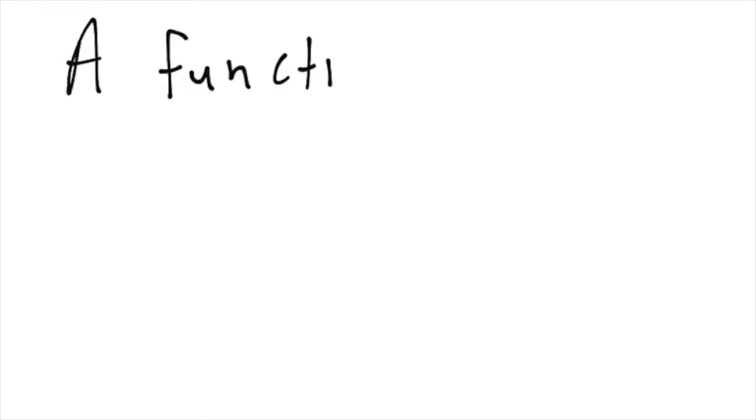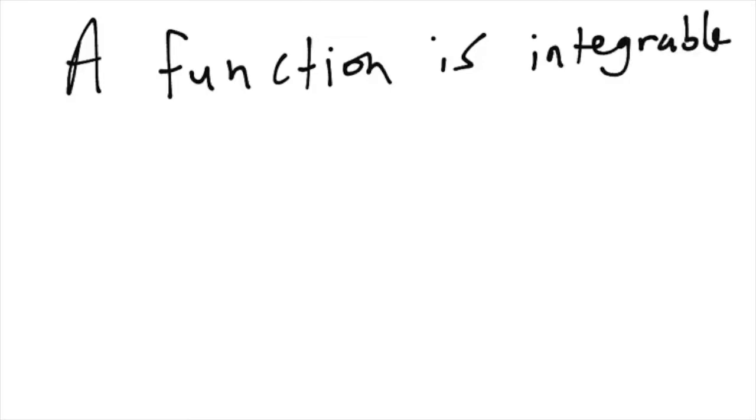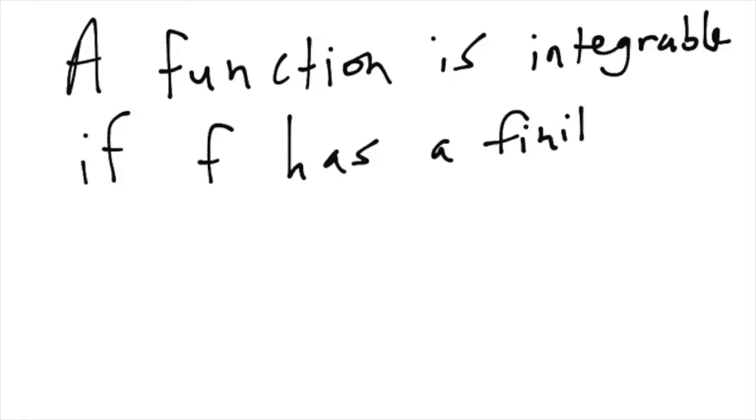Here's an important result: a function is integrable, meaning able to be integrated, if f has a finite number of what we're going to call jump discontinuities. A finite number could be none, by the way.